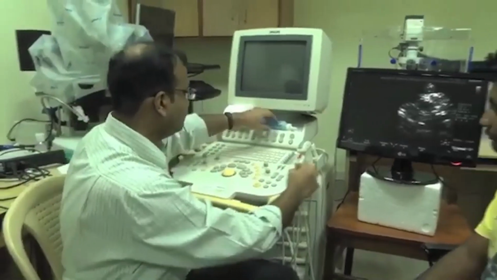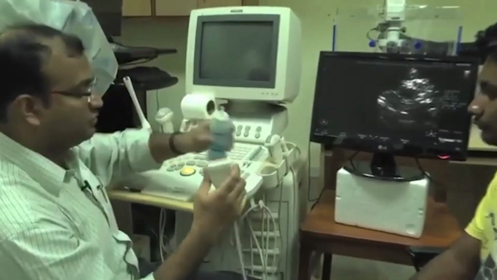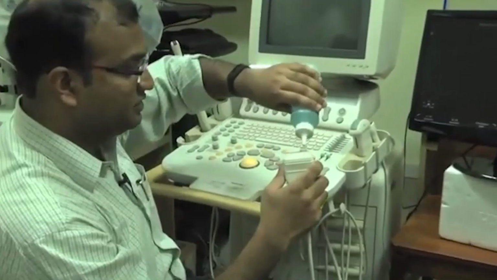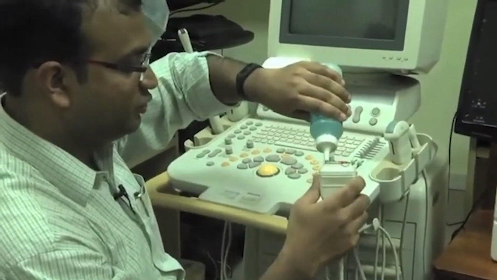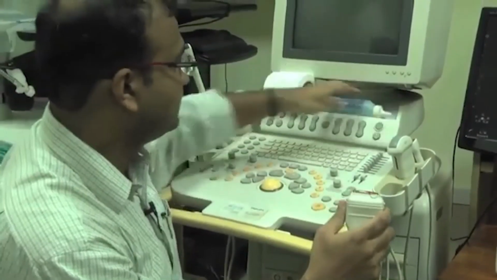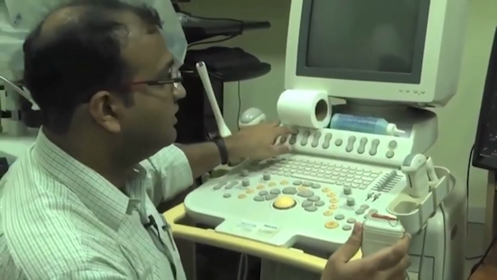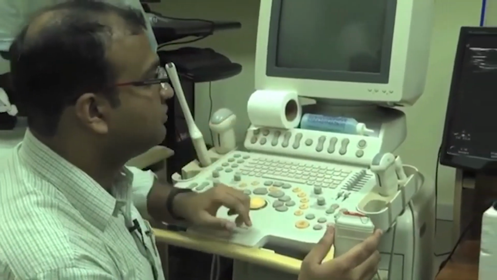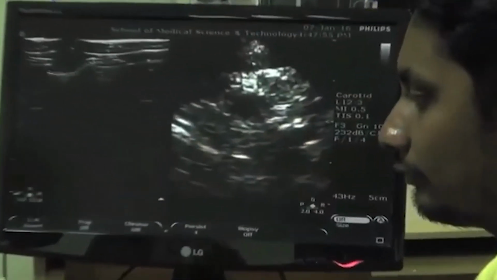And the final one, which is the one we are actually supposed to use for imaging of the carotid, is the linear probe, which is going to give you the best resolution. So I again do my probe shift operation, and then you see it's an L123 which corresponds to this particular linear probe.